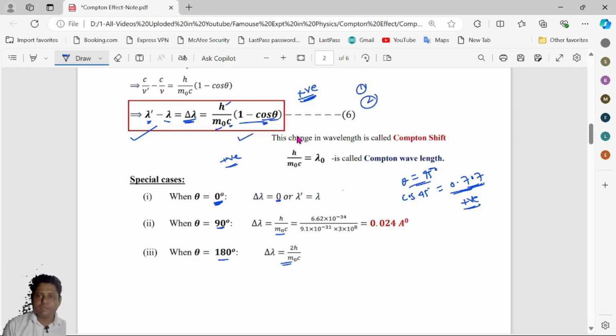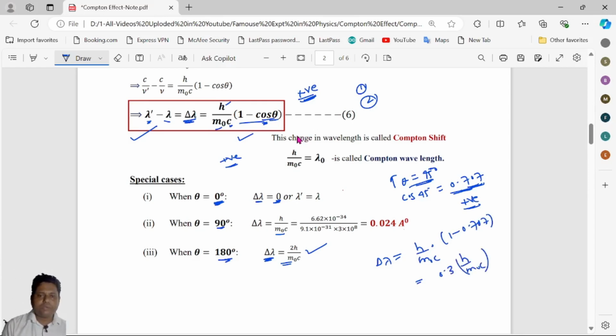And second point, here you can see when we increase the angle from 0 to 180, this del lambda value, or the change of wavelength value, increases gradually. So for theta equal to 0 degree, the del lambda value is 0. If we consider theta equal to 45 degree, then del lambda will be h by m0c into 1 minus 0.707, which is around 0.3 h by m0c.